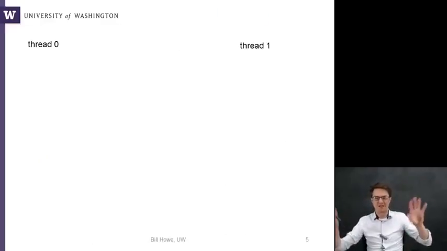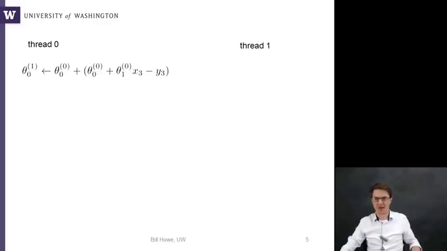Well, let's say we have two different threads that are both applying this parallel stochastic gradient descent algorithm. If time is increasing going down the slide, in the first step we update parameter theta 0 from its old value and the old value of theta 1 as well, and we happen to randomly pick the third instance, x3, and compare it with y3.